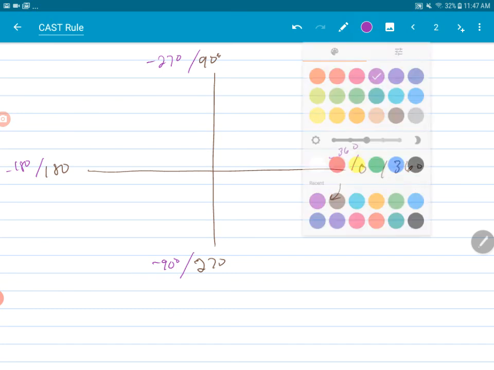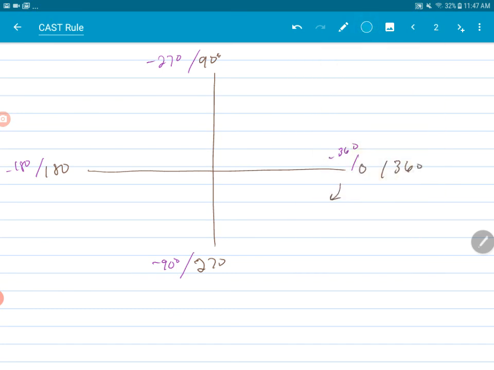And what happens if we take a full rotation in the positive direction and we go around 0, 90, 180, 270, we get to 360 and we keep going? Well, now we add another 90 degrees. So we also get 450 and we go again another 90 degrees and we get 540, and you could really keep going. So you've got to work with these boundaries that you are given here.